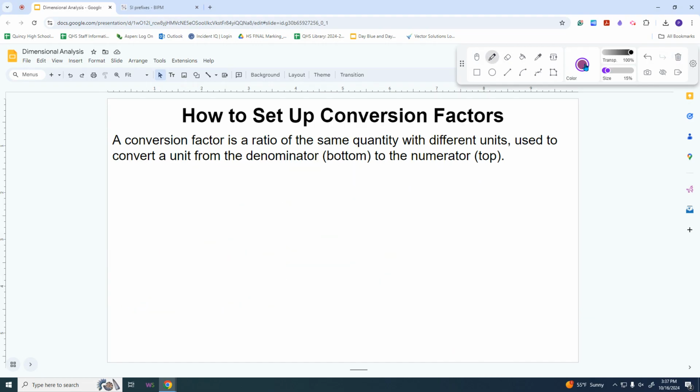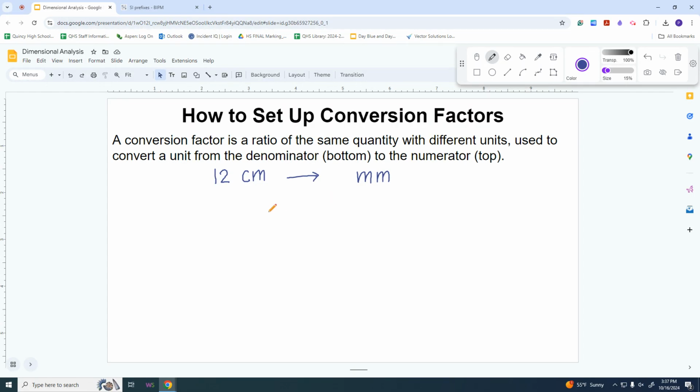So let's do this. If you are going to convert, make it simple, okay? 12 centimeters to millimeters.